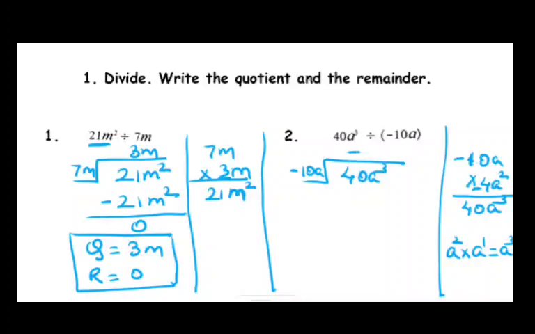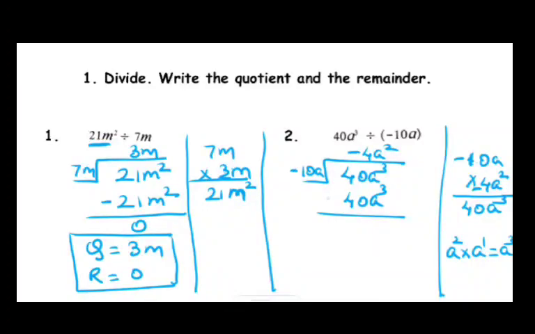So minus 4a square gives me this minus and minus cancels out. So I get 40a cube. If I wouldn't have added this minus sign over here, I would have got a negative answer. I don't want a negative answer, I want a positive answer. Now I get a positive answer because this minus sign and this minus sign get cancelled.